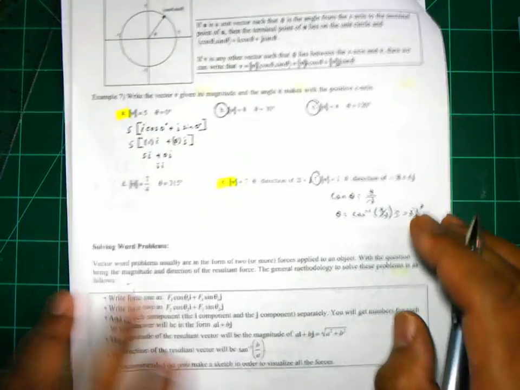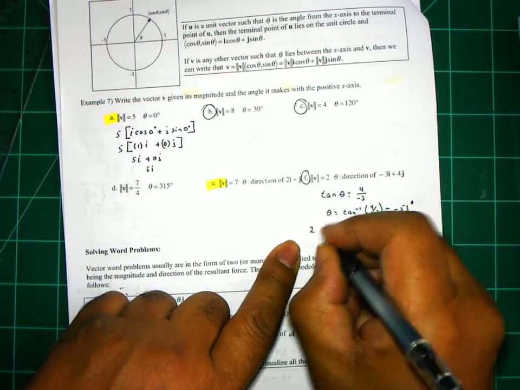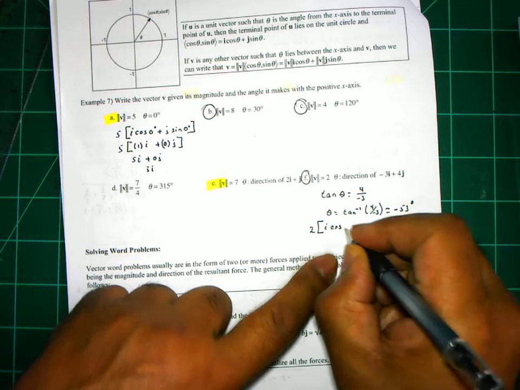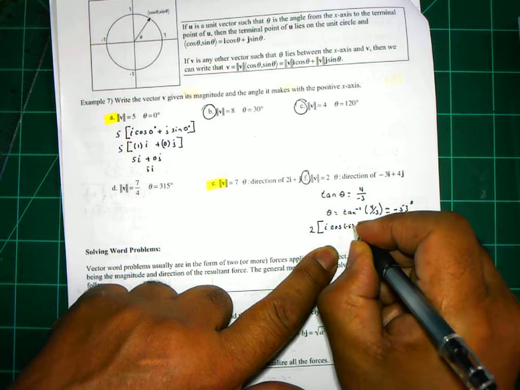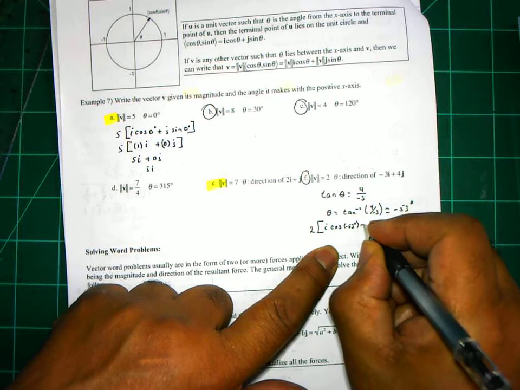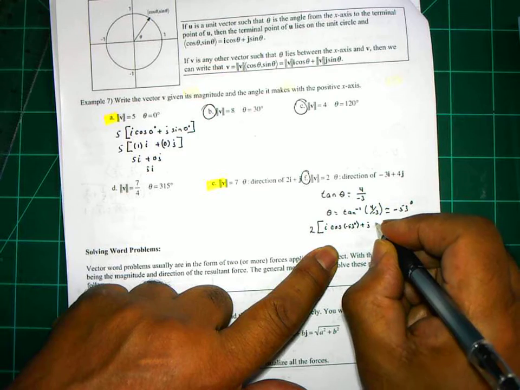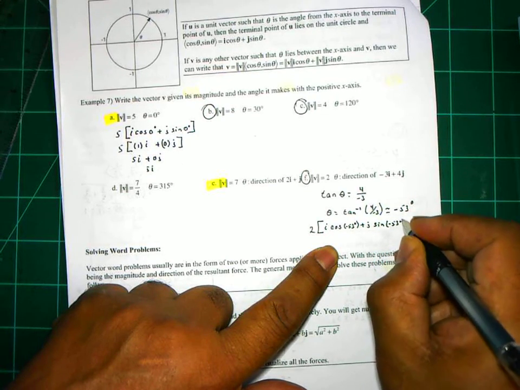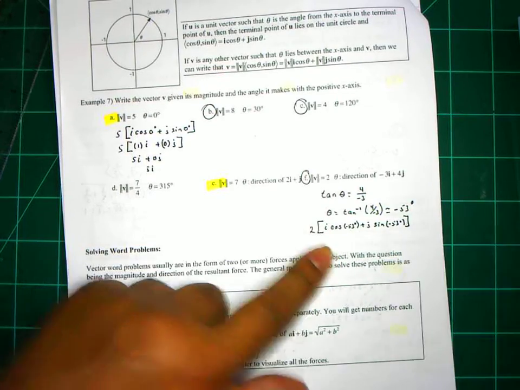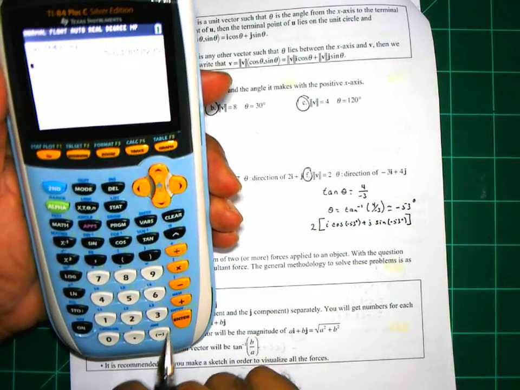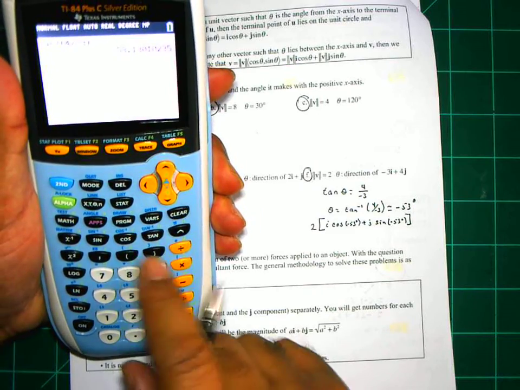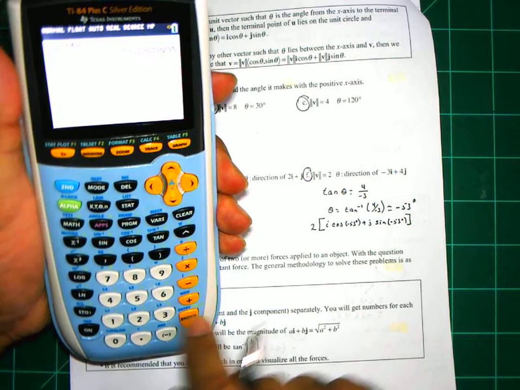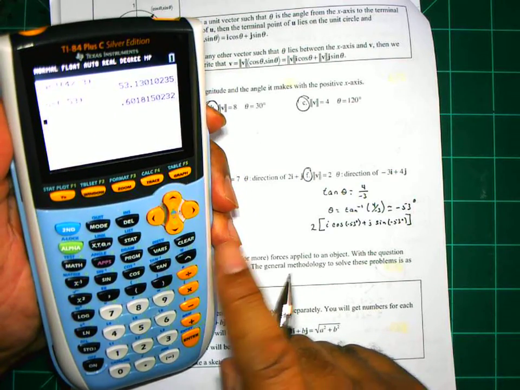And I'm told my magnitude is 2. This becomes 2 times i cosine of negative 53 degrees plus j sine of negative 53 degrees. So let's put that in. Cosine of negative 53 degrees is 0.6.